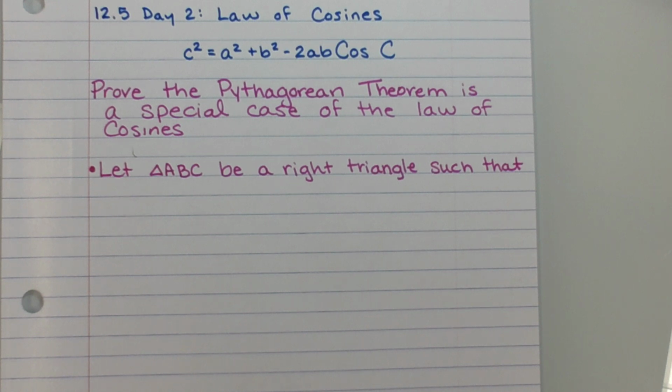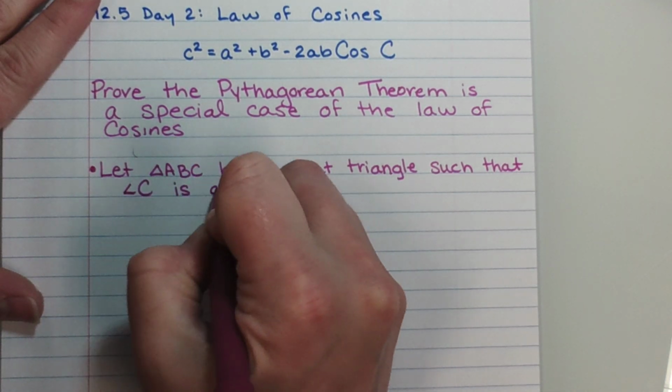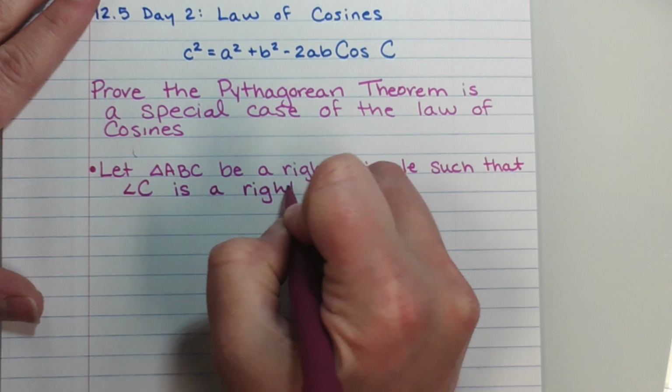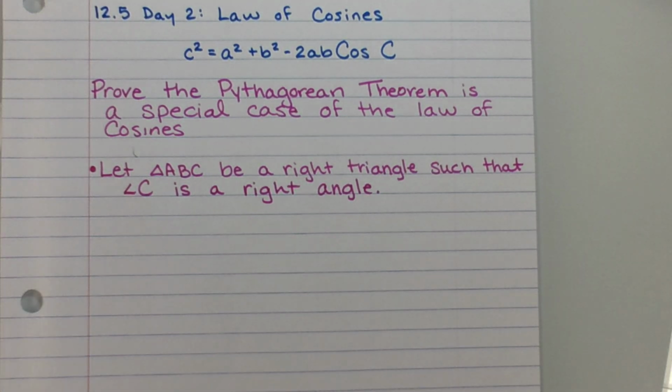Which is the hypotenuse in the Pythagorean theorem, A, B, or C? C. So if side C is the hypotenuse, which angle is the right angle? Angle C. Such that angle C is a right angle. So you have to start with that.